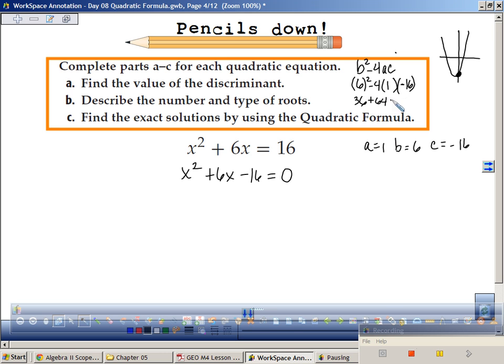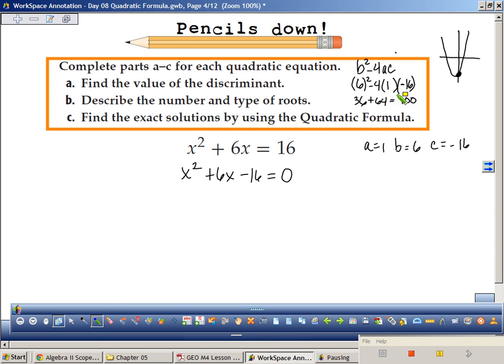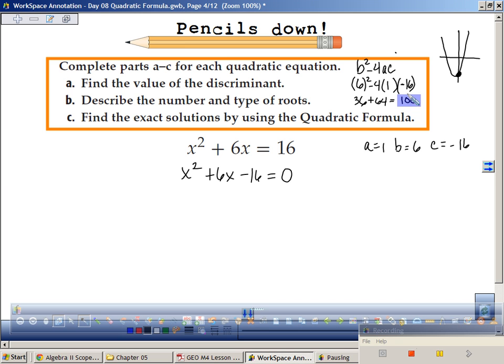Positive 64. What's 36 and 64? 100. So the discriminant is 100. What does that tell me? Two roots, one root, or no root? Two roots. So I'm right.